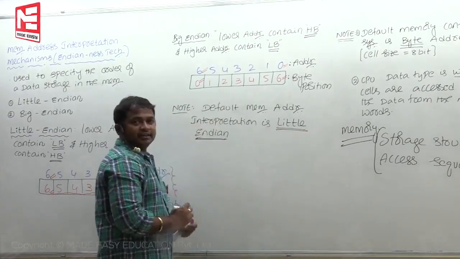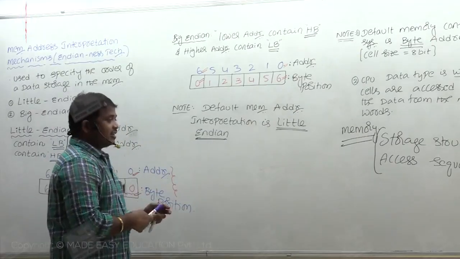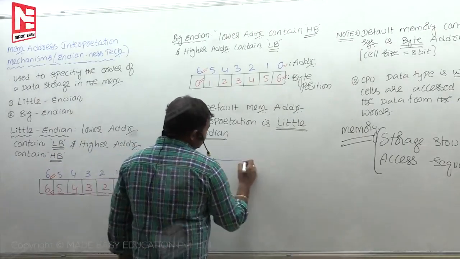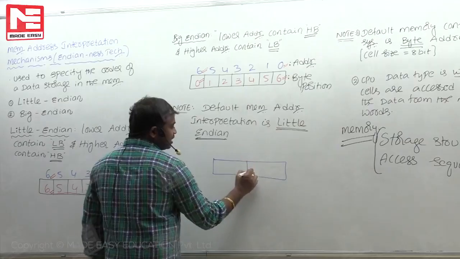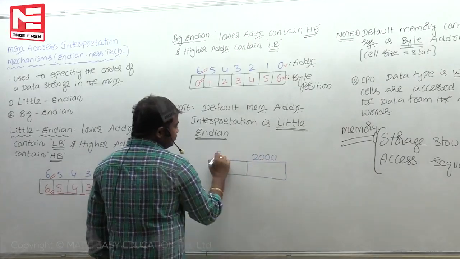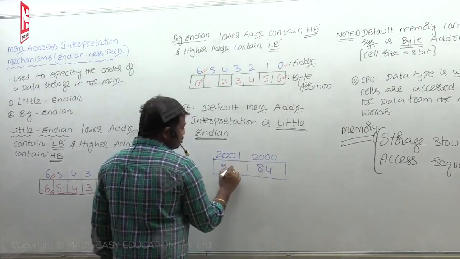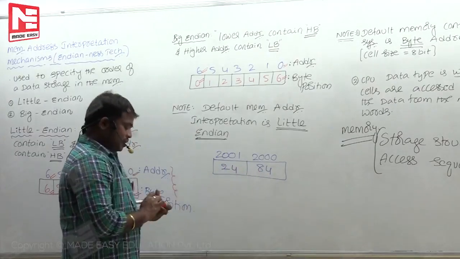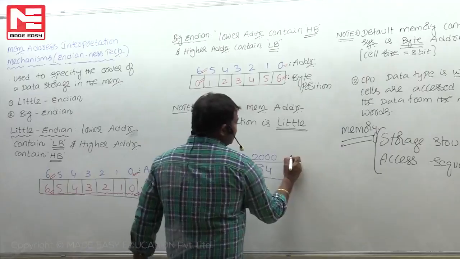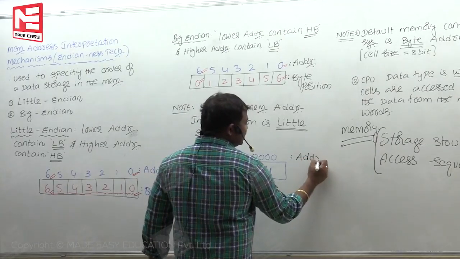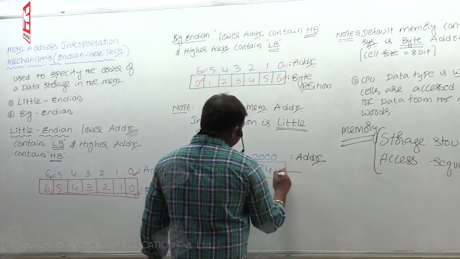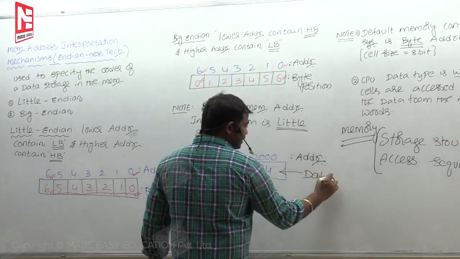Right? Therefore, the above instruction generates the following output. Here two cells are accessed, 2000 and 2001. 2000 contains 84, 2001 contains 24. Now observe, 2000 and 2001 are both addresses. This 84, 24 is called the data.